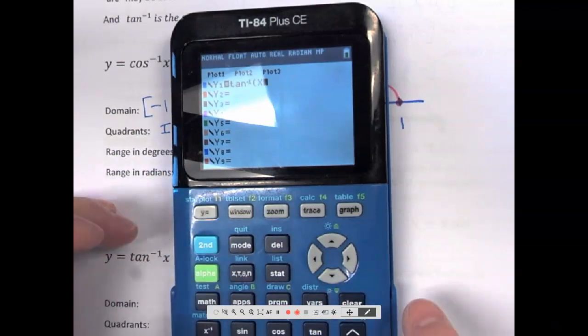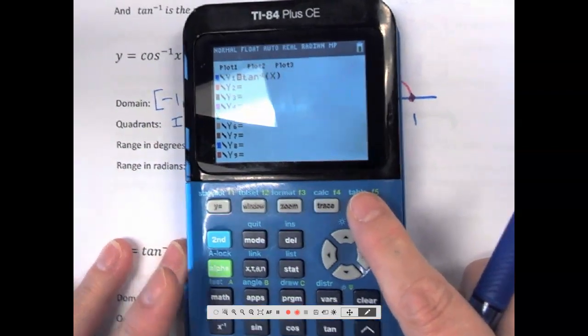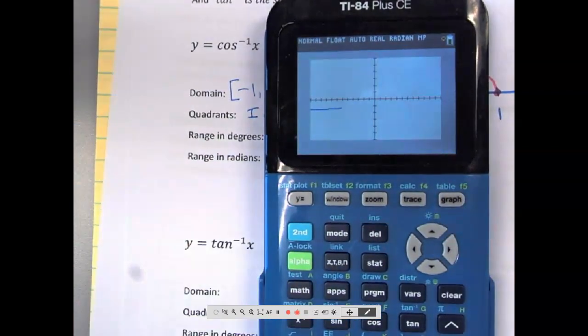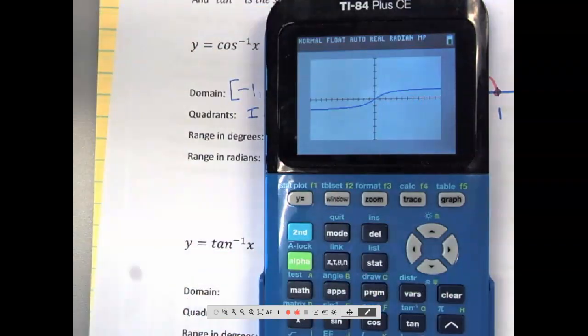Oh, okay, so let's look. And she's exactly right. So technically, it would be repeated ones of these above and below that, but those wouldn't be a function. So we just use this one to represent a function.